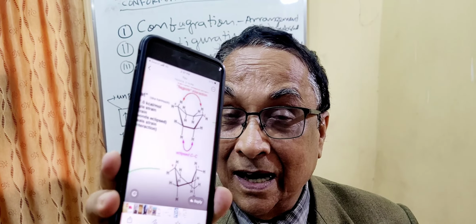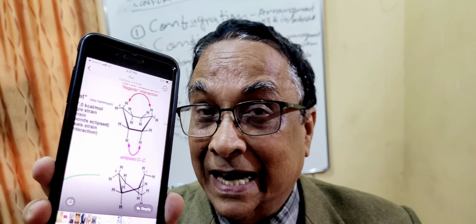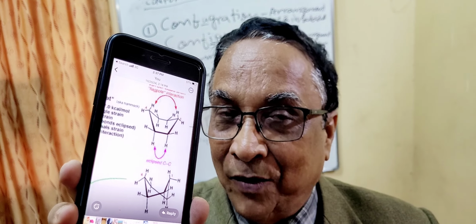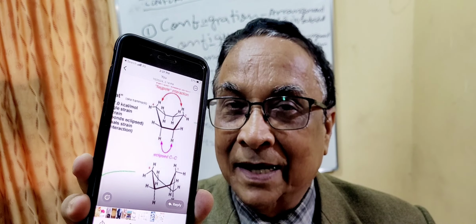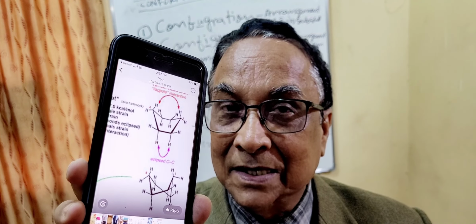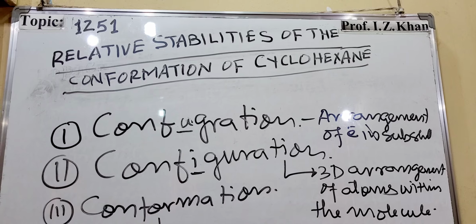And these axial and equatorial bonding as well as atoms play a very important role in determining the stability of the cyclohexane molecule.